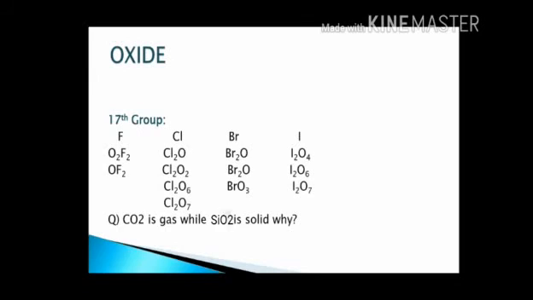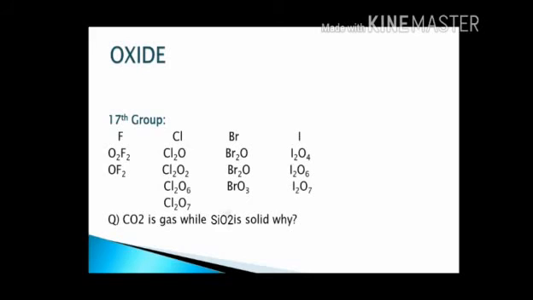Then the oxides formed by chlorine are Cl2O, Cl2O2, Cl2O6, Cl2O7. In Cl2O, chlorine is in the +1 oxidation state, and in Cl2O7, chlorine is in the +7 oxidation state.